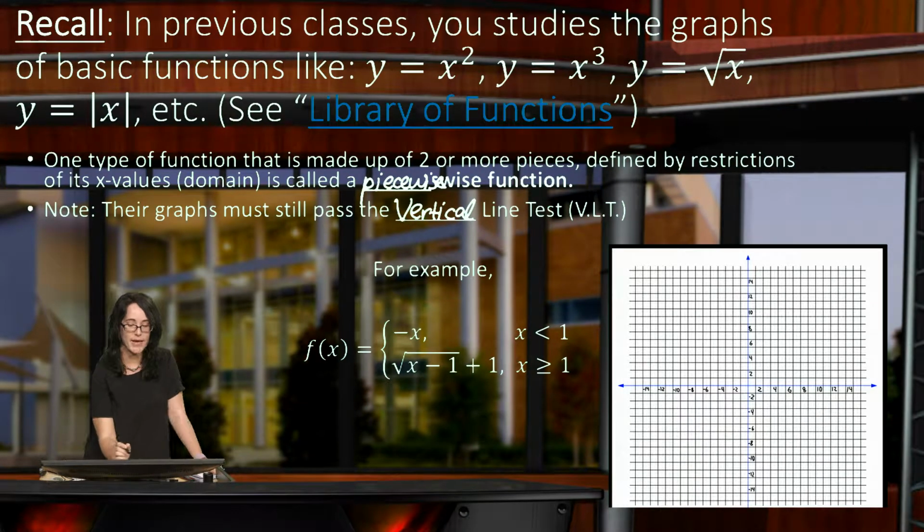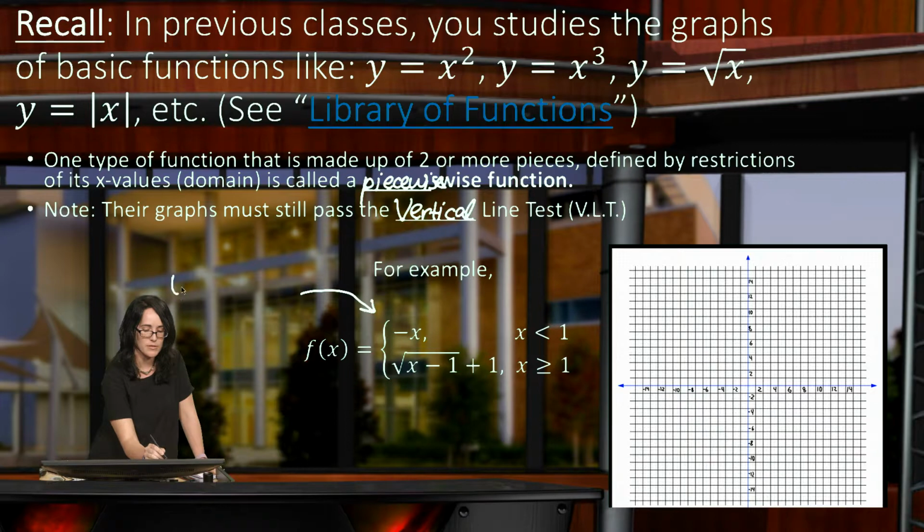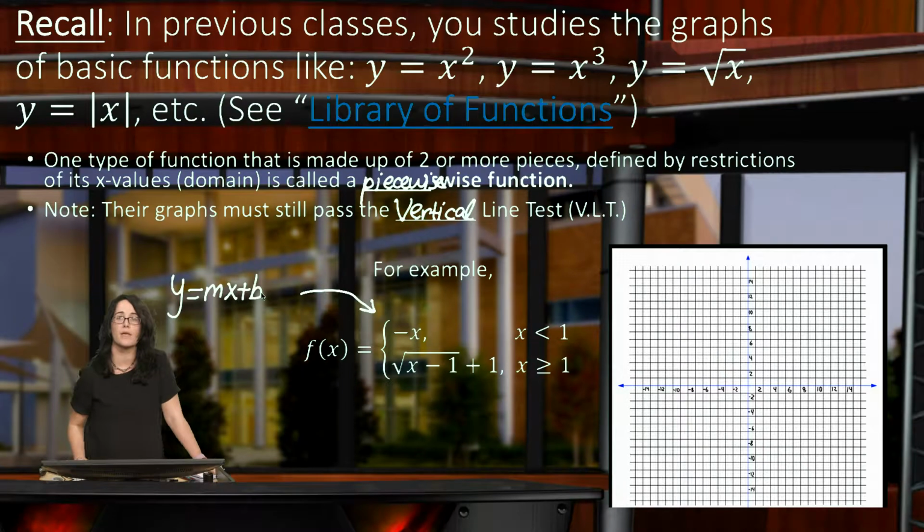In fact, that line is familiar to us, I hope, because we remember that a line like this could be written as y equals mx plus b, where that line tells us our slope. In this case, our slope is negative 1. And it tells us our y-intercept, which in this case is 0.